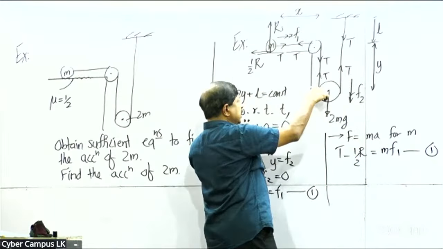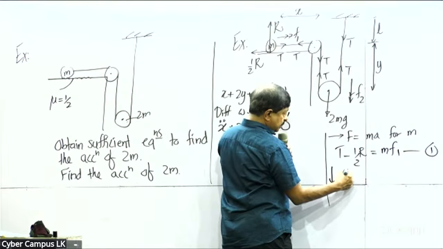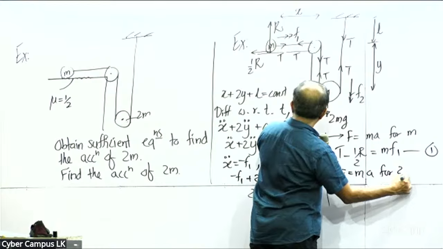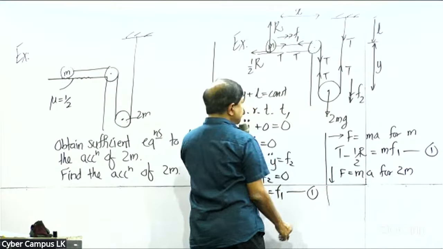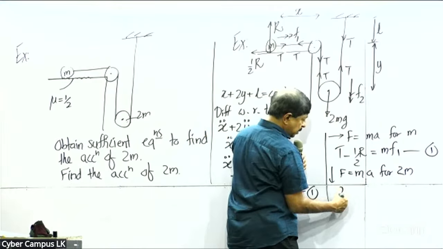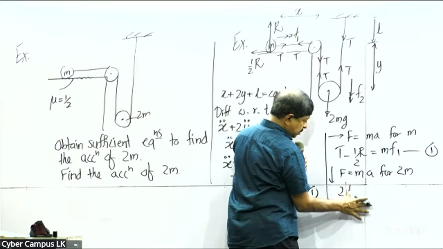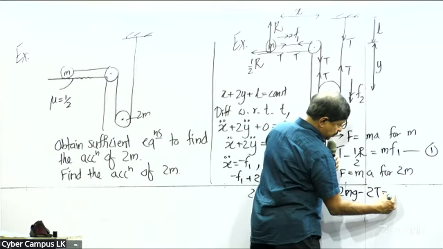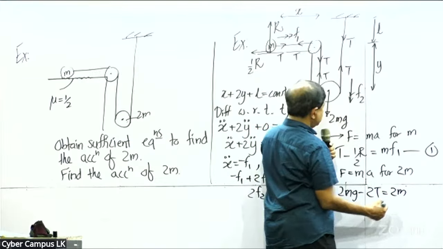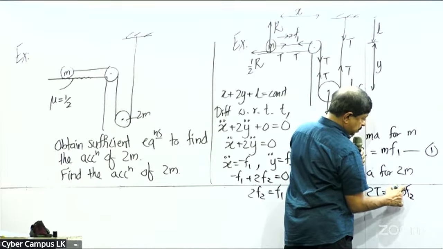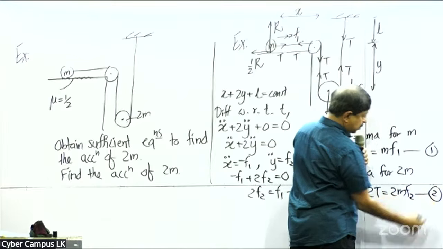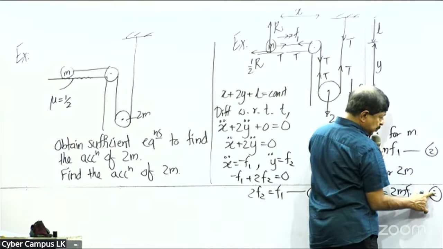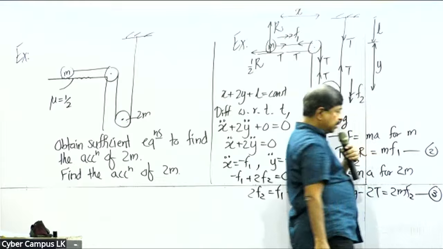Then you have to apply an equation to this. For 2m, it is 2mg minus 2T, sorry, is 2m times f2. Sorry, this is equation 1, so this should be equation 2, this is equation 3.